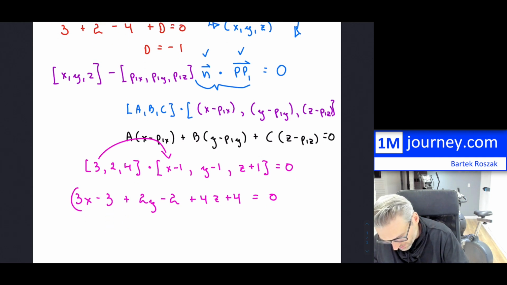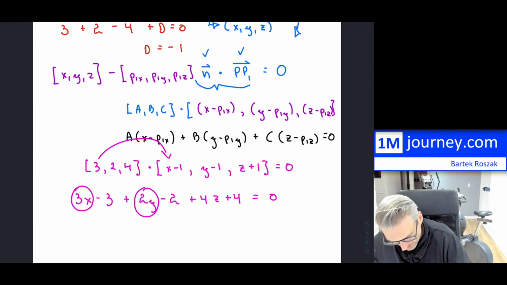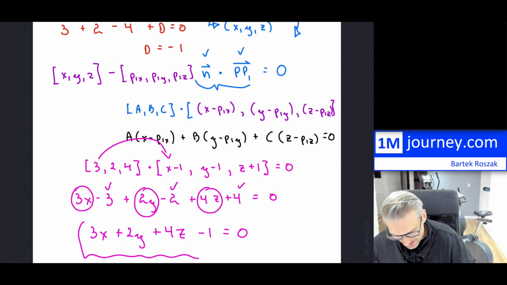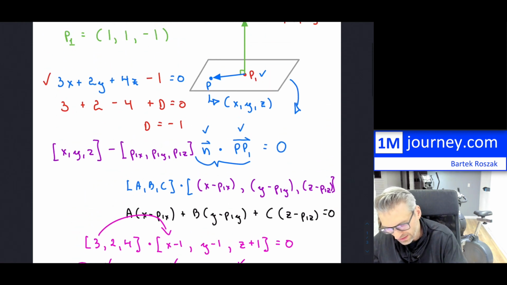So now 3x, 2y, and 4z, that is nothing different than what we had done. And now I can add all of these together. So notice negative 3, negative 2, and then 4, so that's going to be actually minus 1 is equal to 0. And it does indeed give us the same equation that we had right here.